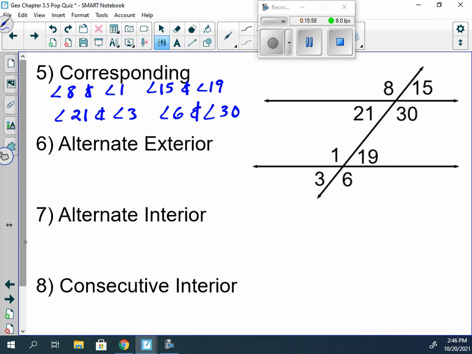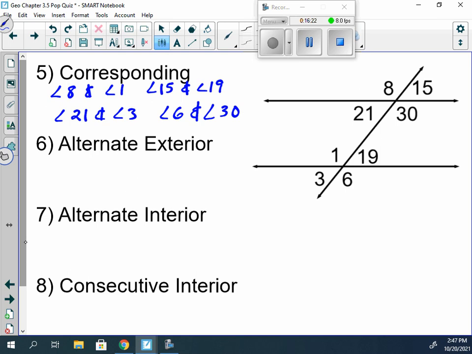Sometimes it's just one little misconception that makes it hard to realize. So alternate exterior angles. Well, exterior means outside, yes? So we're looking outside the two lines, which is 8, 15, 3, and 6, because they're outside. And alternate means opposite.